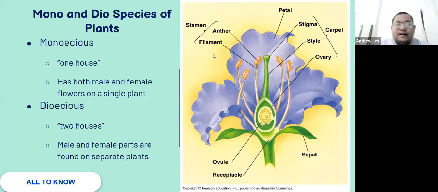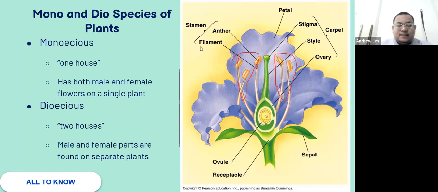Okay. Basically, how do we know this flower is male or female? When the flower only has this particular portion, let me take out the annotation, when the flower only has this one, I draw a circle, this is a boy flower. All right.